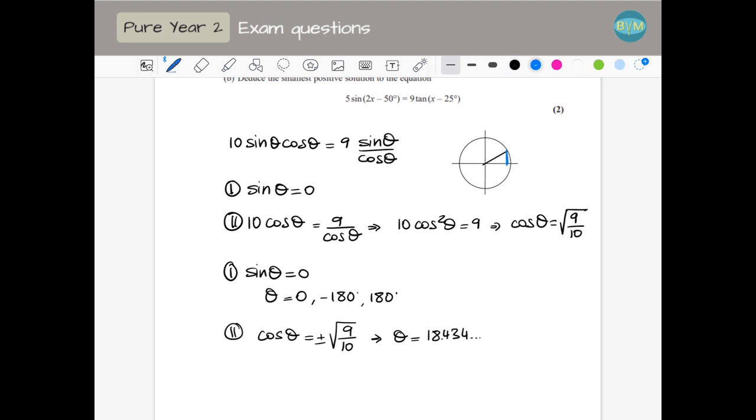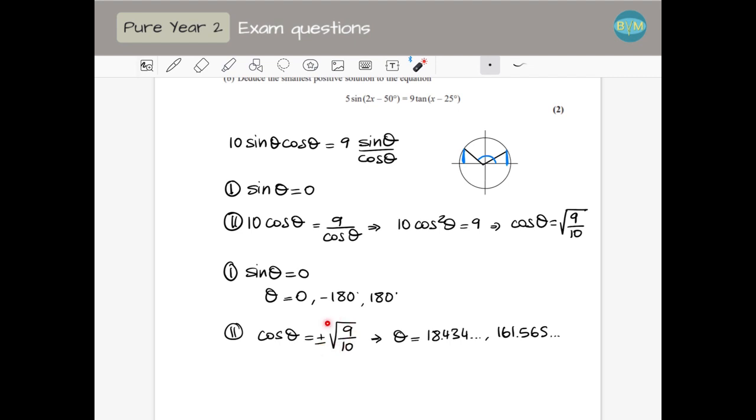Sine is the vertical one, so it will be the symmetrical here, because it has the same sign. So the angle is 180 minus 18.43, and that angle is 161.565 degrees.